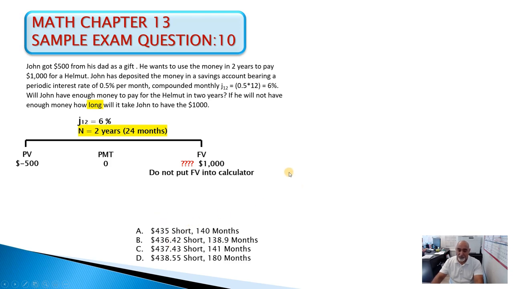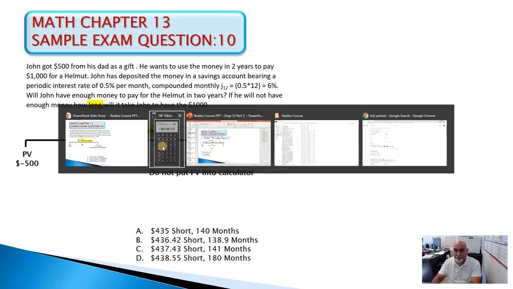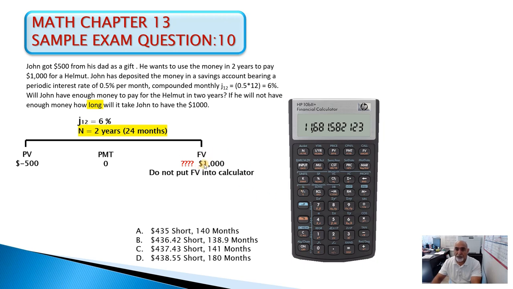Okay, so bring in the calculator. We're not going to put in FV equals 1,000. We're going to find the FV, and that FV is how much money he will have. So 12 is for the compounding periods, and 6 is the nominal interest rate. N is 24 months.